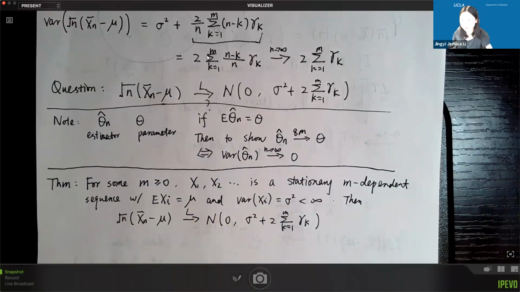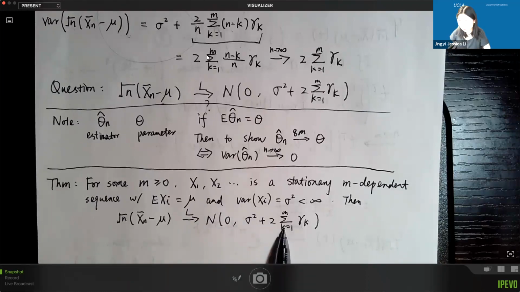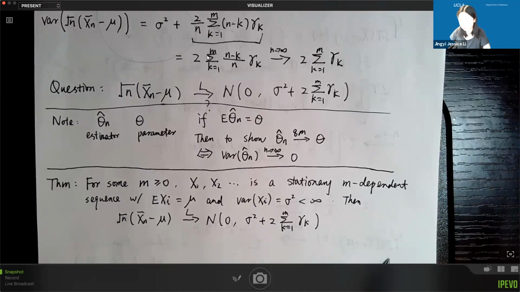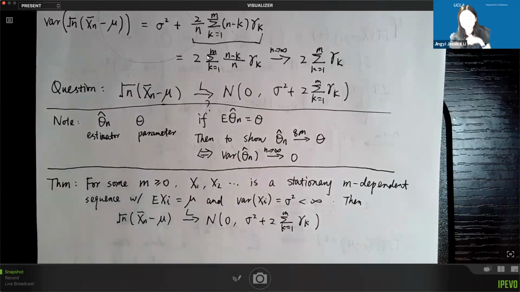Because we know the covariance structure only happens between variable pairs that are less than distance m from each other. So that's why this term just goes to m, it doesn't go any further. Because say X1 and X1 plus m plus 1 have no more dependence. So those long-term dependences can be ignored.